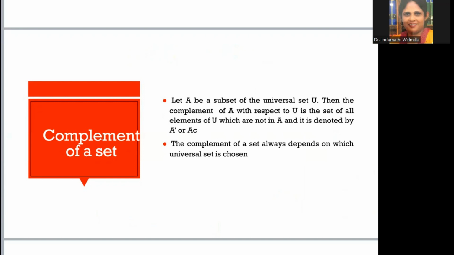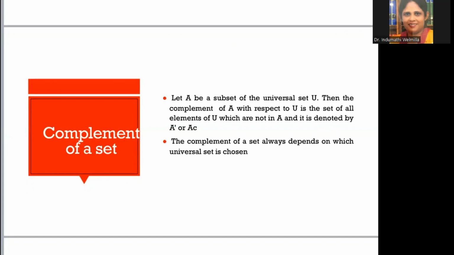Then the complement of A with respect to the universal set is the set of all elements of the universal set which are not in A, and it is denoted by A dash. We use this to show the complement of set A.